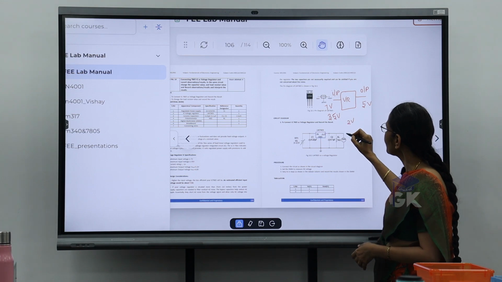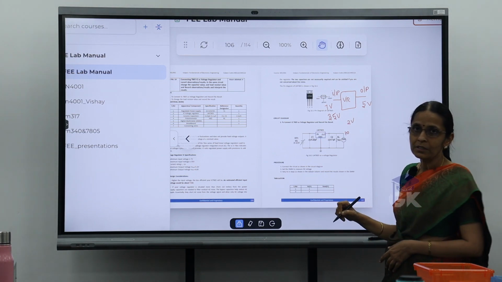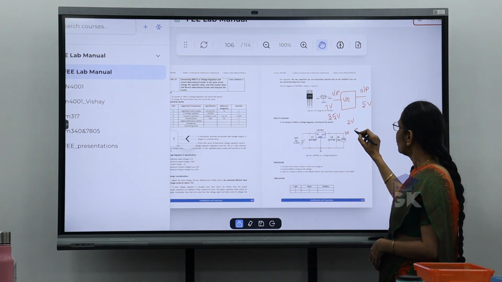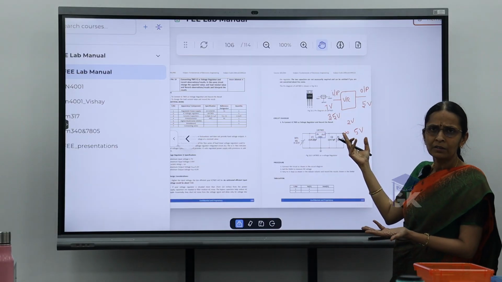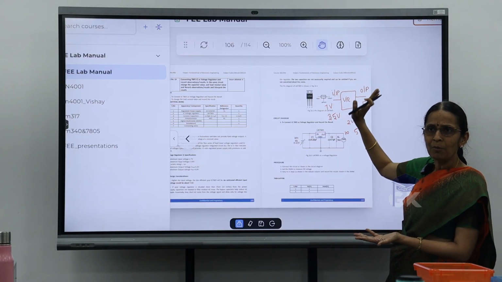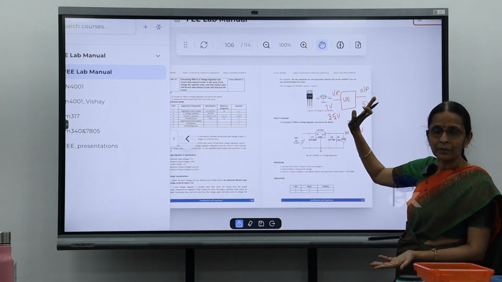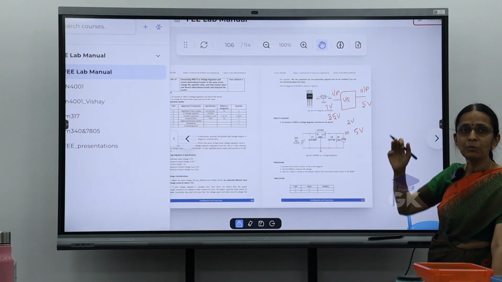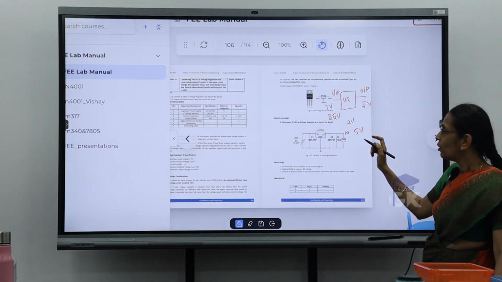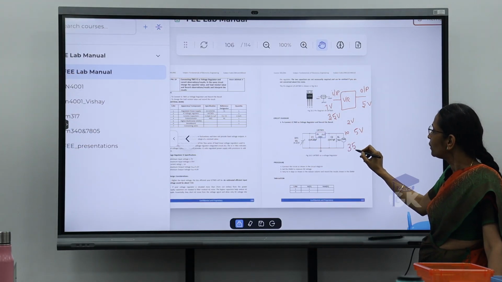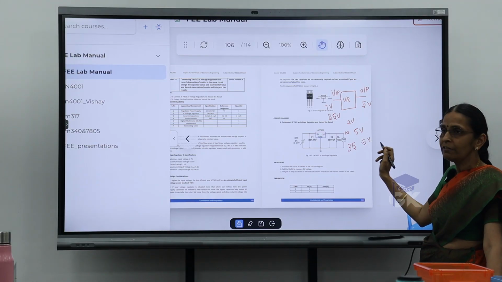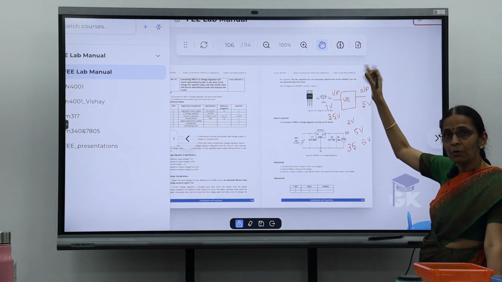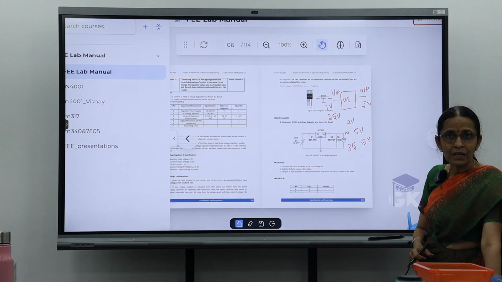Imagine my input voltage is 10 volt. 10 and 5, the difference is 5 volt. Where is the remaining 5 volt going? It's dissipated in the form of heat in my IC. Imagine I operate with an input voltage of 35 volt. 35 minus 5 will be 30. So 30 volt will be dissipated as heat in my IC.